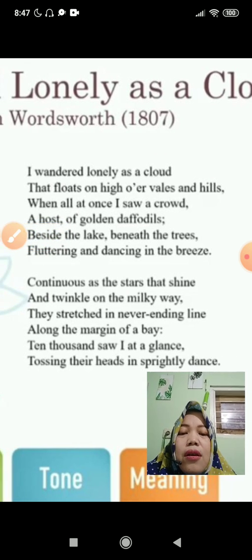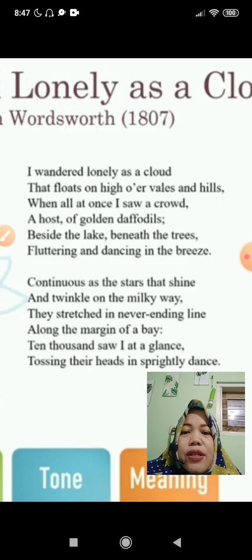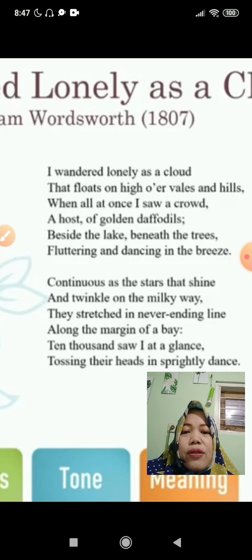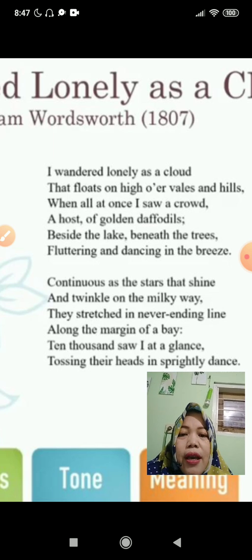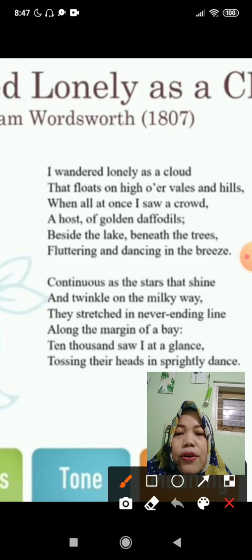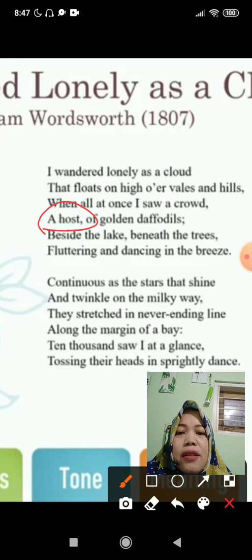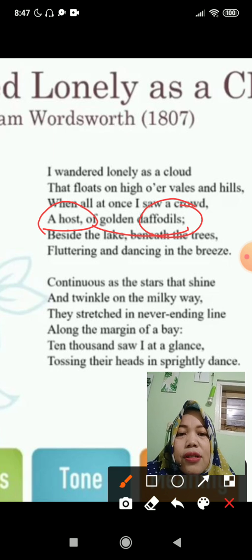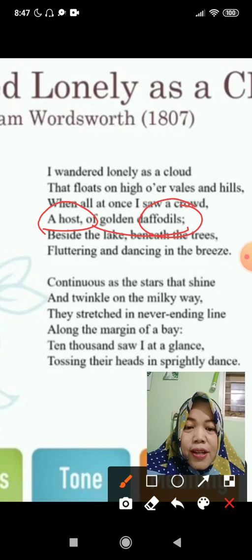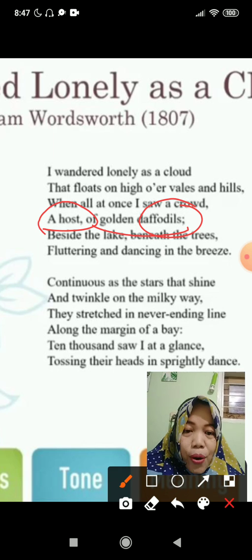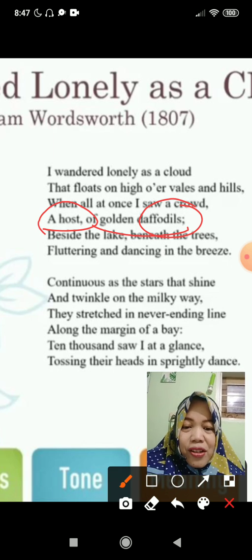Okay. So next for the third line. When all at once I saw a crowd, a host. Let's see, a host here. Okay, who is the host? A host. This is referring to the daffodils. So, daffodil sebagai tuan rumah itu kan seolah-olah seperti manusia. So, what is the imagery?